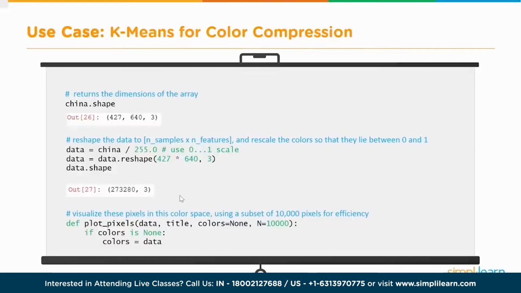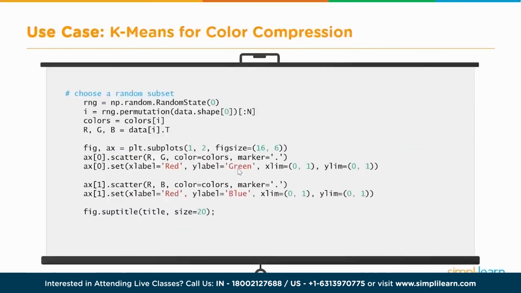We just reshape it and then feed this to our algorithm, which will create only 16 clusters. There are millions of colors, and now we need to bring it down to 16 colors. So we use k equal to 16.